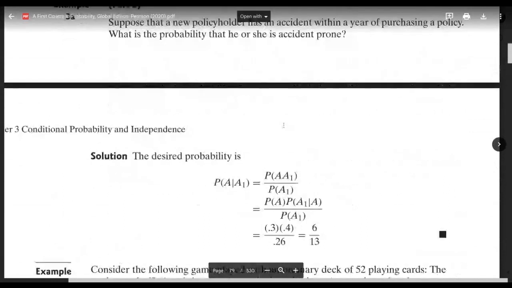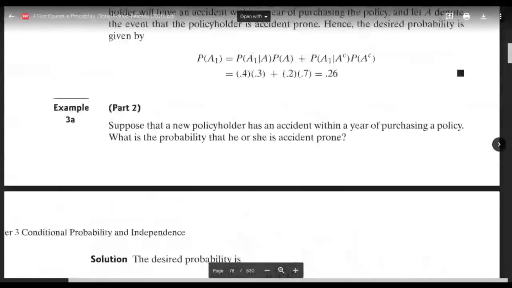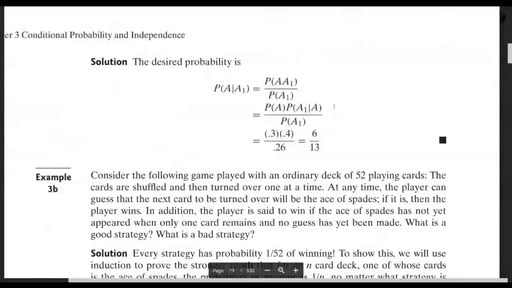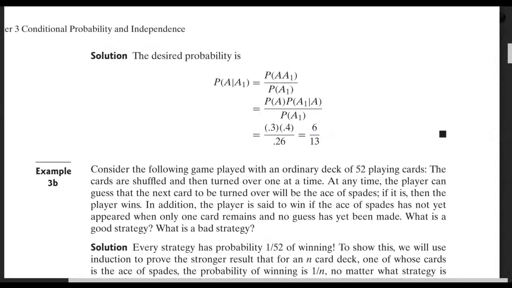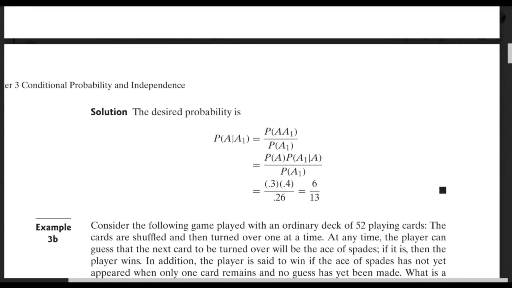Yeah, 0.4, then multiply by the probability of accident prone, which is 30%. So 0.4 times 0.3 in the numerator. Then the probability of an accident happening within a year, which we found out is 0.26. So it simplifies to 6 over 13. Just make sure your final answer is in the simplest fraction form. Okay, anyone has any questions?